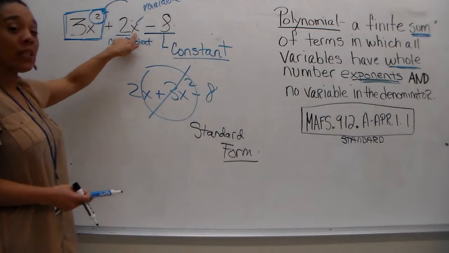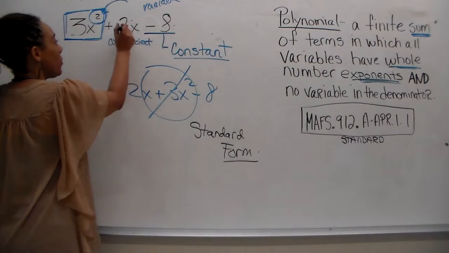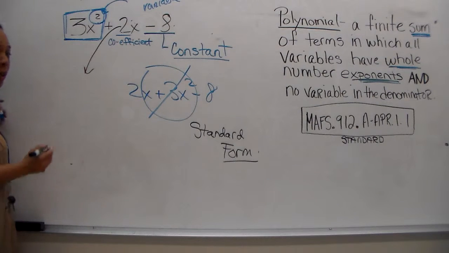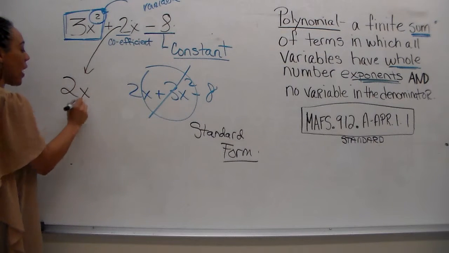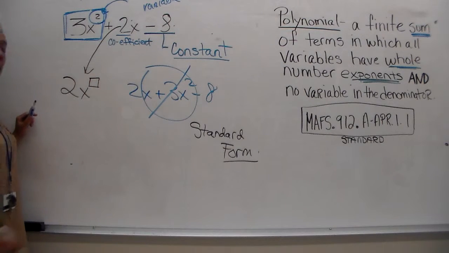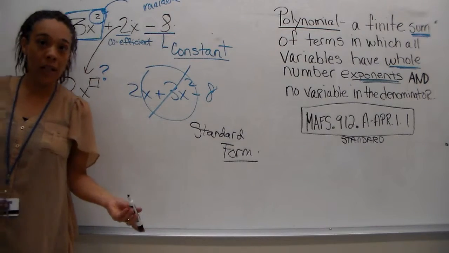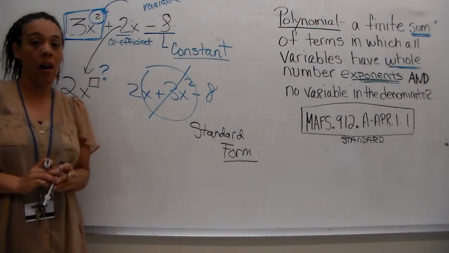Now, there's a special situation here that you may not know about. I'm going to pull this 2x out here to show you. So if I have 2x, what is the exponent on this x? Well, actually, there's none written, and that's correct. You could say there's nothing there.